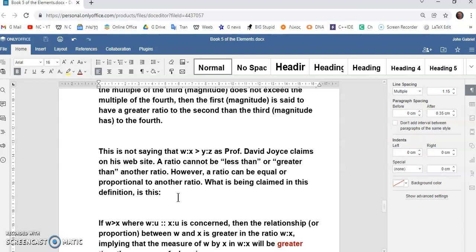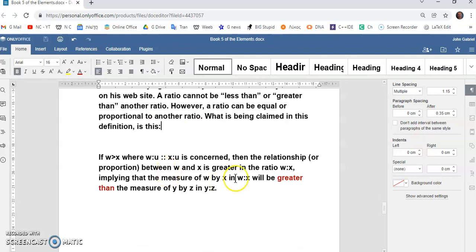Stop your video and think about this a bit, okay? So what is being claimed in this definition is this, and now think about this very carefully.